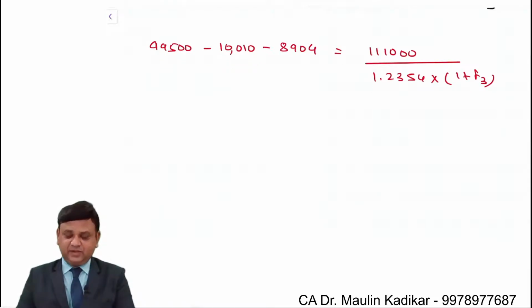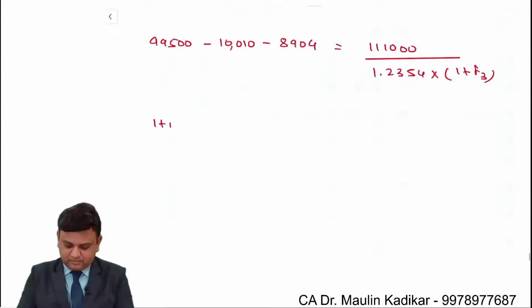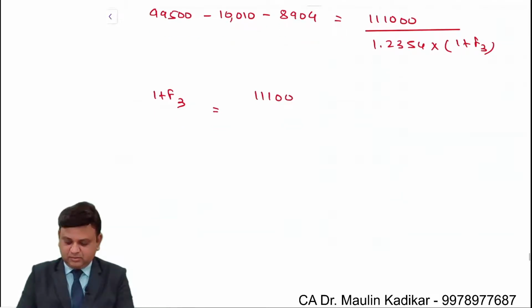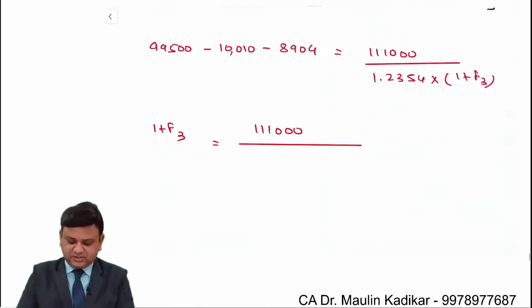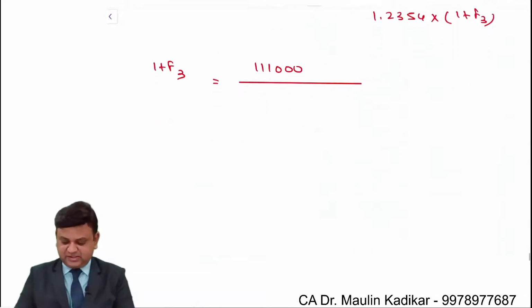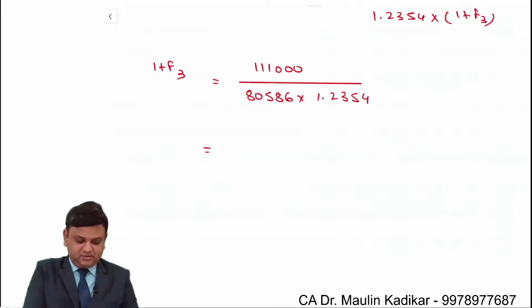So now 1 plus F3 is equal to 1,11,000 divided by the difference. It is 99,500 minus 10,010 minus 8,904, so it is 80,586, into 1.2354. That is the way we will find the final answer.